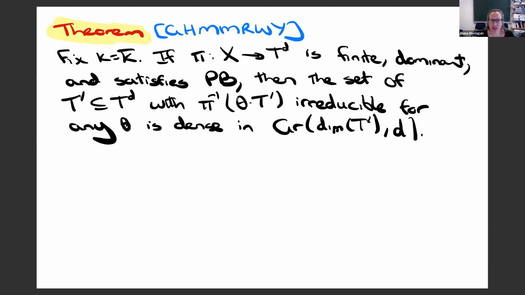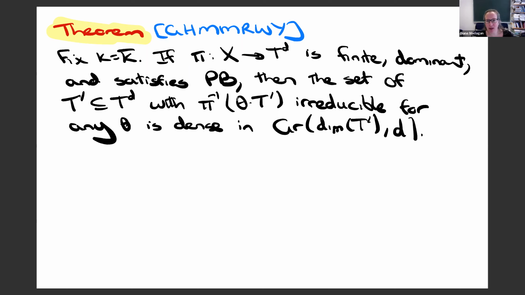So we start with a finite dominant map from your variety X to a d-dimensional torus, and let's assume that it satisfies this pullback property. Then the set of tori for which the preimage of any coset is irreducible is dense in a Grassmannian.